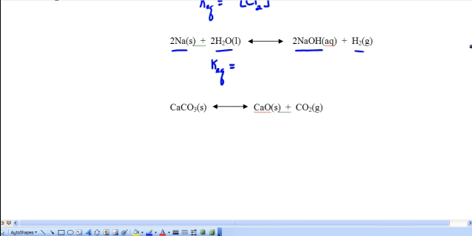So we have the concentration of the sodium hydroxide squared. It is in the expression because it's aqueous. That works. Times the hydrogen, which is raised to the first power because there's a 1 out front, divided by the reactants. Both of them are solids or liquids, and so we just turn them into 1s. We just leave them off. So there we go.